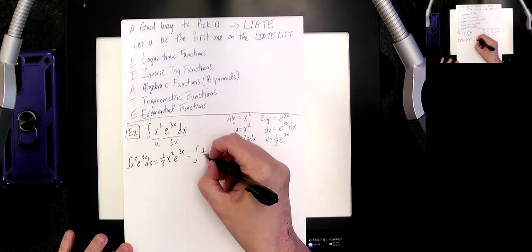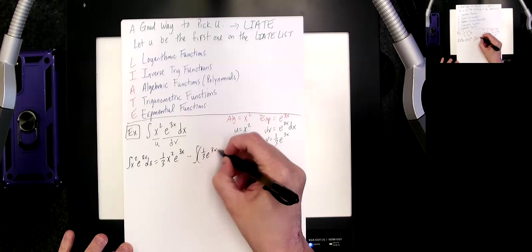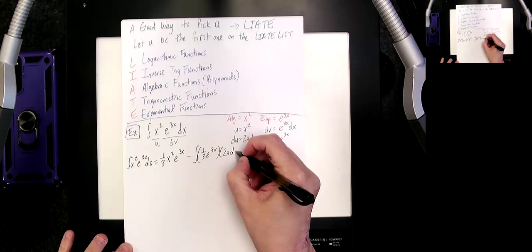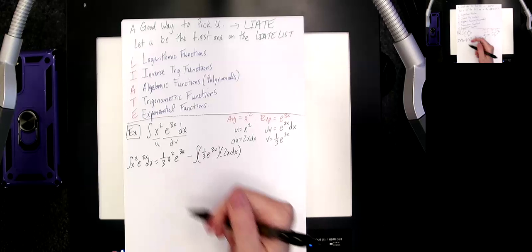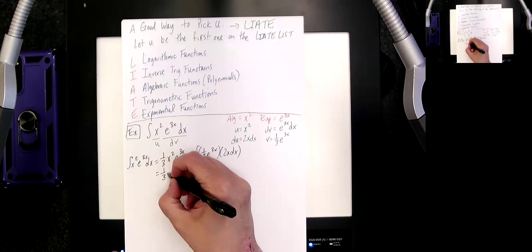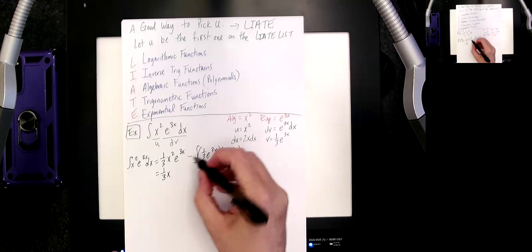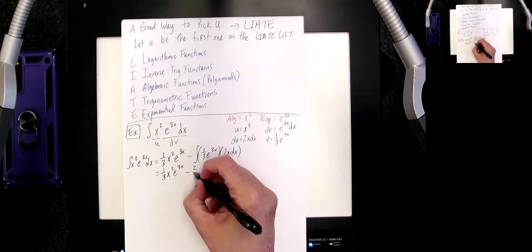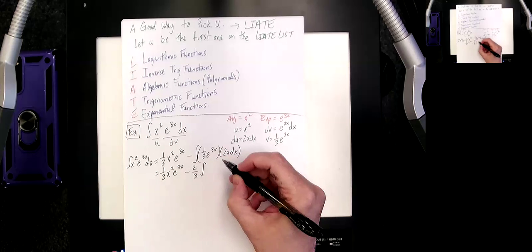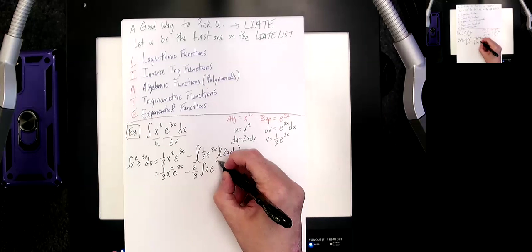So 1/3 e to the 3x times 2x dx. I think I'll move the 2/3 outside. And we have x e to the 3x dx.